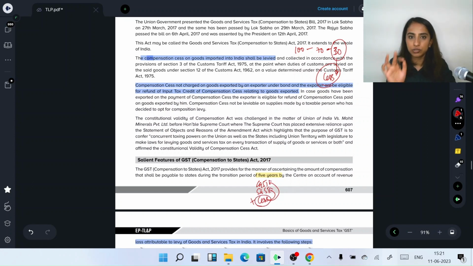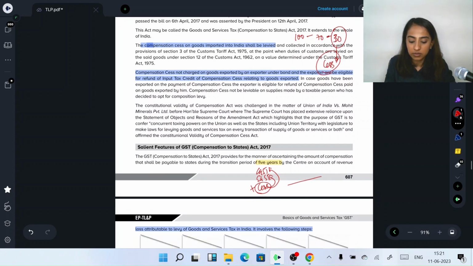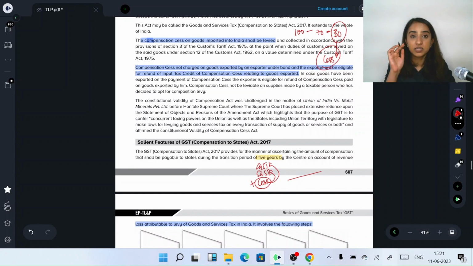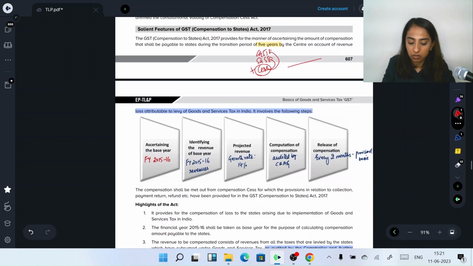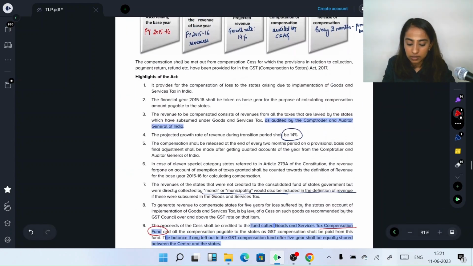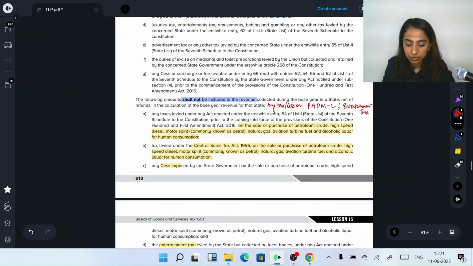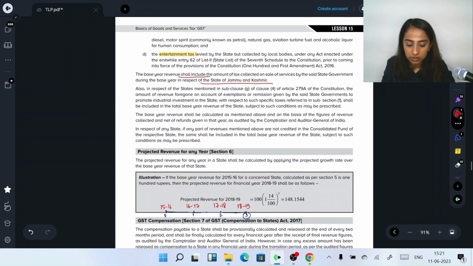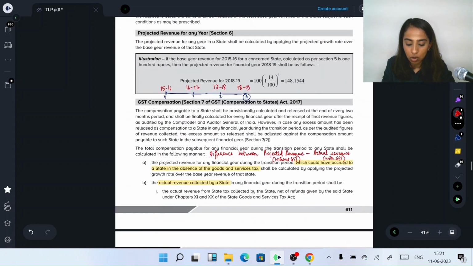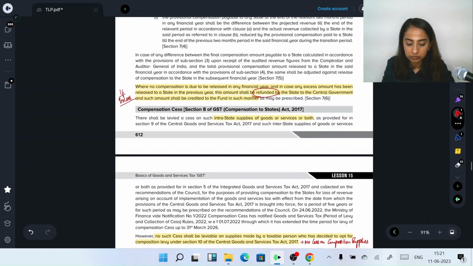Some small portion they would levy as compensation cess, and whatever they earn from this compensation cess would go to a fund called, let me show you here, the GST compensation fund account.